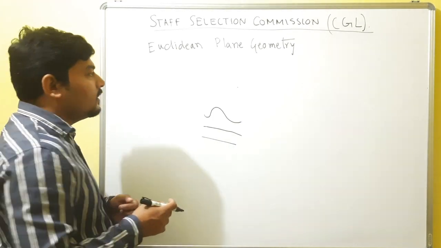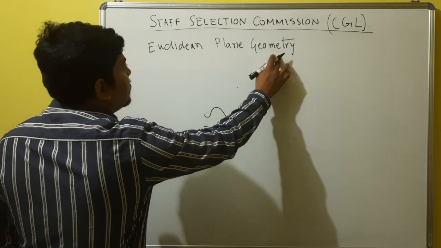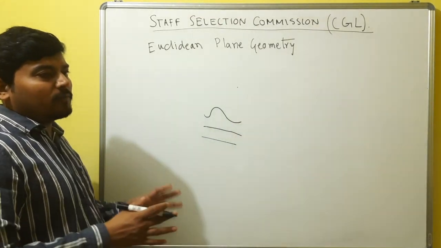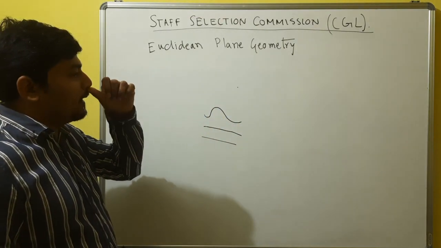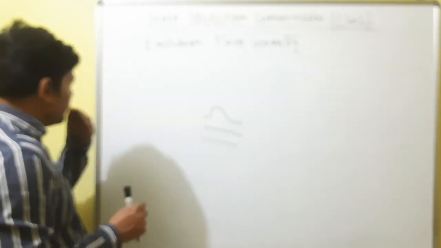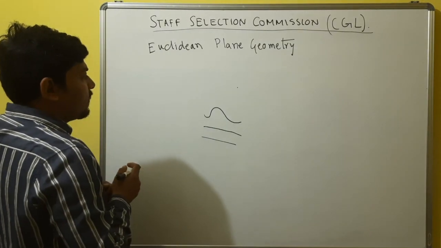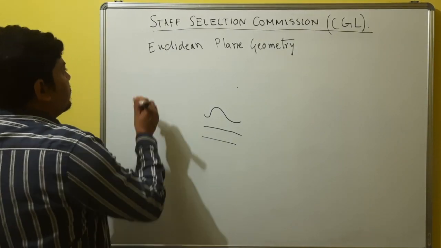So what is a plane? The entire concept of Euclidean geometry is based on a plane. Whatever there is, it always has a plane. So what is a plane?